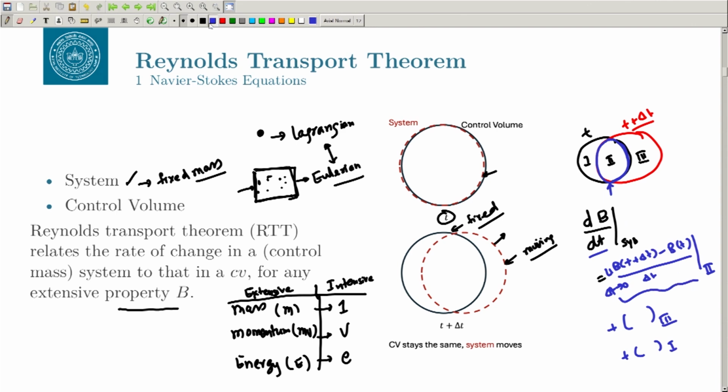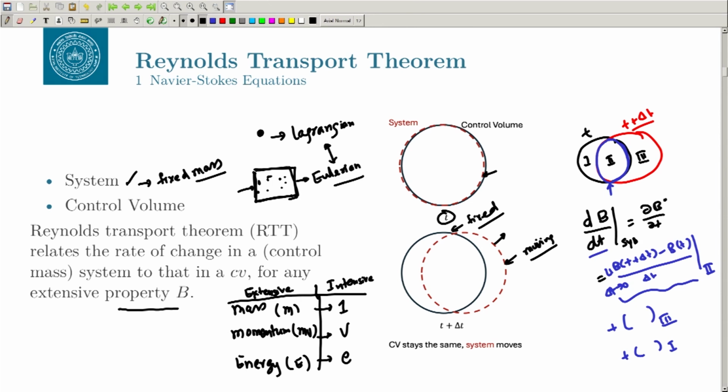So, this can be written as dB by dt. Remember, this is dB by dt because now the system is moving. So, whatever changes are happening due to the movement are captured here by d by dt, there is no other partial derivative.